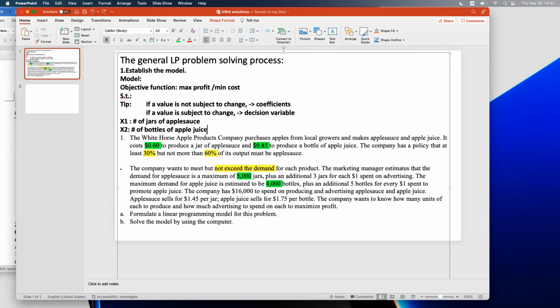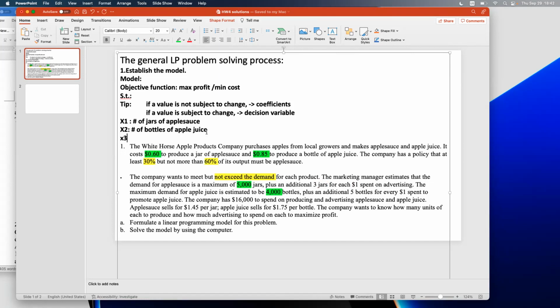So I'm gonna put it over here. X3 is gonna be the amount of money spent on advertising of applesauce.